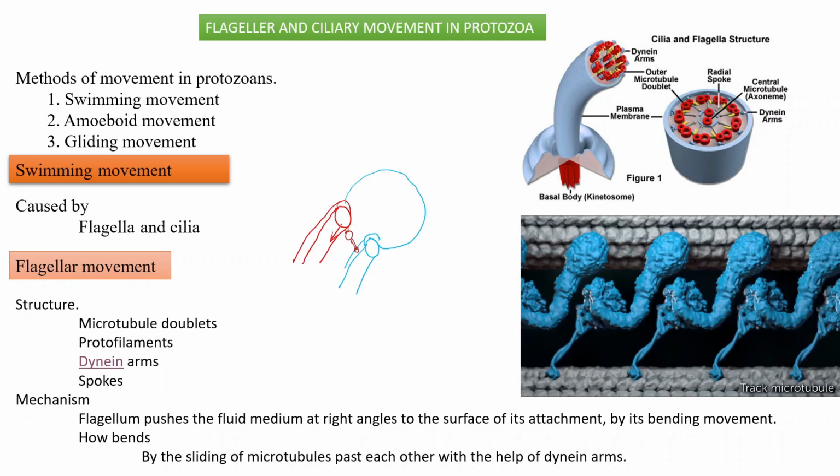As it pulls this microtubule backwards, at the same time it pushes the other microtubule duplex forward. So this is the sliding type of movement that happens inside the flagellum between the microtubule duplexes, and with the help of the sliding, the flagellar movement takes place.